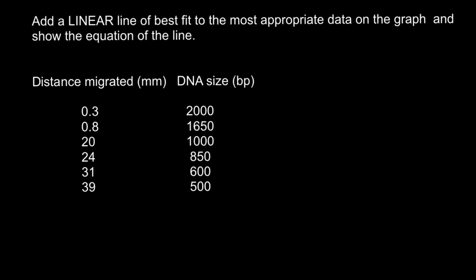Basically we are asked to make a chart that may look something like this, and we may get points here. Probably it would be organized like this, and we have to find a line, or the points can be organized like this.